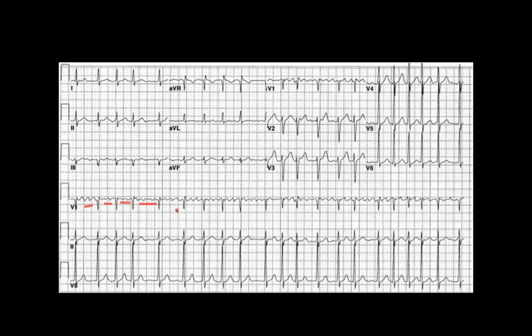You can see that the R waves, here to here, for example, versus here to here, are completely irregular. The pathognomonic finding in atrial fibrillation is an irregularly irregular rhythm, and that's what we see here. So if you see someone with no clear P waves, irregularly irregular, and tachycardic, those are the defining features for atrial fibrillation.